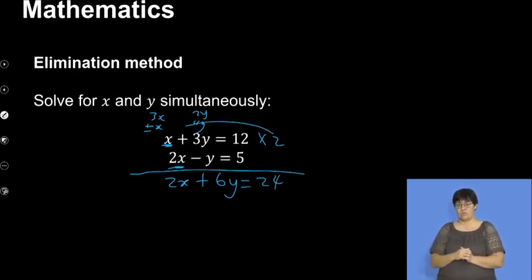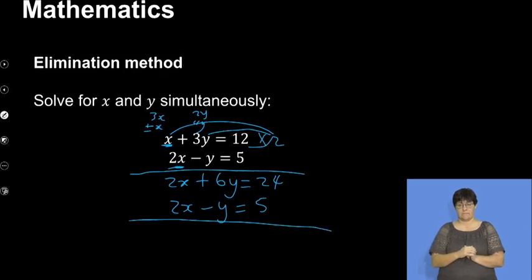So I multiplied it with that, and with this. And then this will be 2x minus y equals 5, right? And then remember I said just try to label them. Equation 1, equation 2. Then I will say equation 1 minus equation 2.